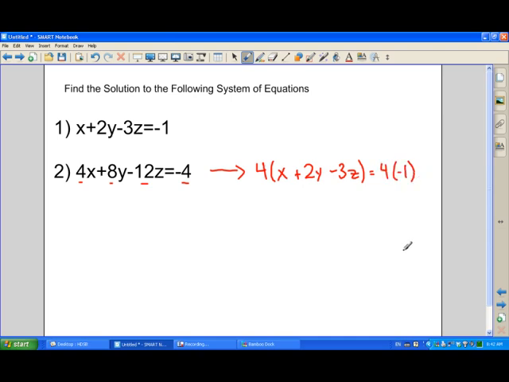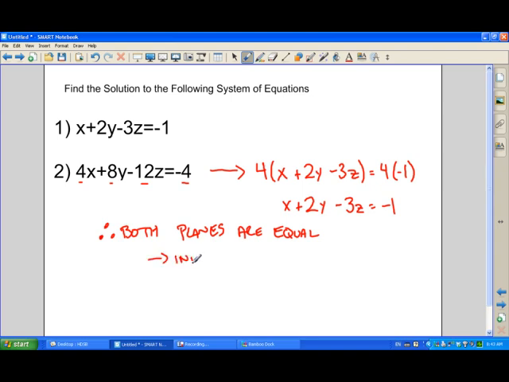When I divide out that common factor of 4 from both sides, I can cancel the 4, and I get the exact same equation as my first equation in the system, which means that I can say that both planes are equal. So I have infinite solutions.